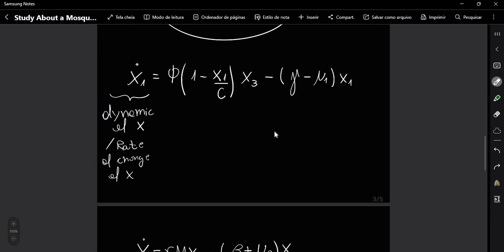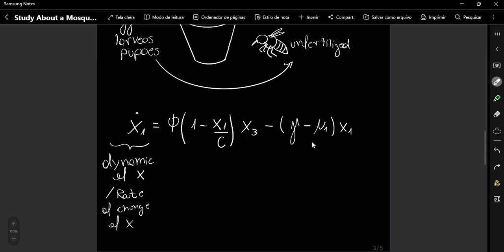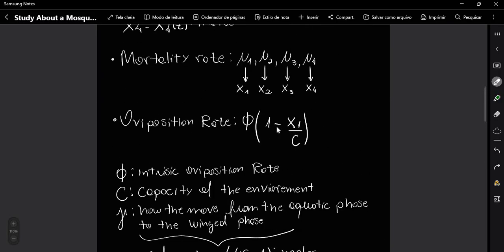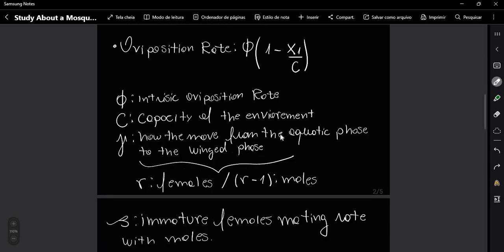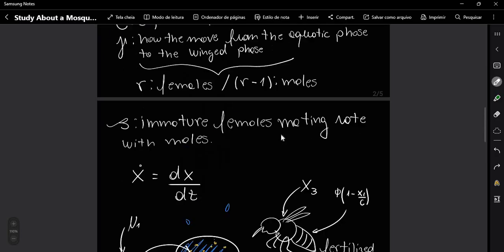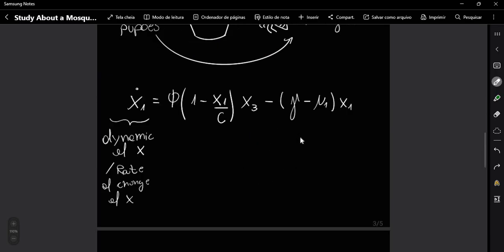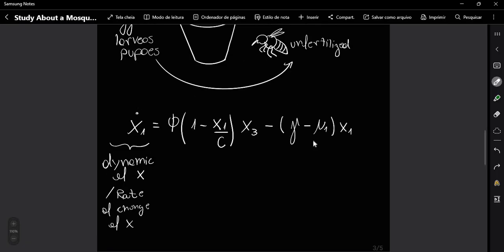We take the subtraction of this rate gamma and mu1, which is the mortality rate, and we multiply this subtraction of rates by x1, the aquatic phase.